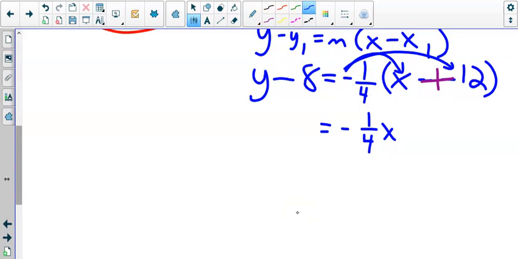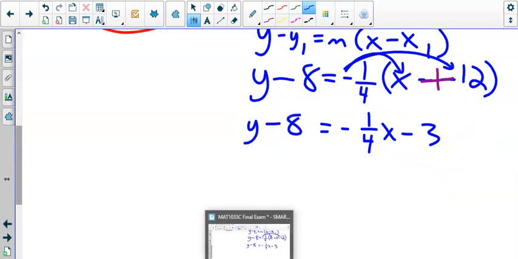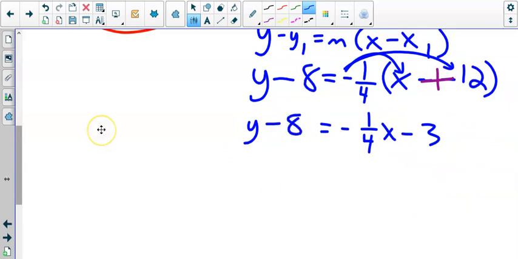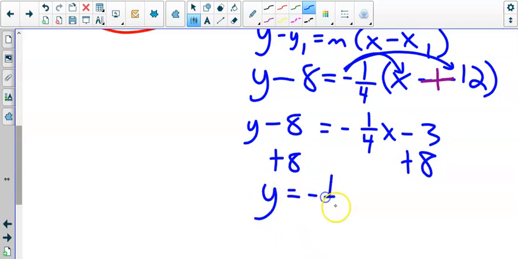Negative 3. Because a negative times a positive is negative, and 1/4 times 12 is 3. And then you got y minus 8. One more step. What are we going to do now? Add 8 on both sides. Plus 8, plus 8, and now you have your equation. Y equals negative 1/4 x plus 5.